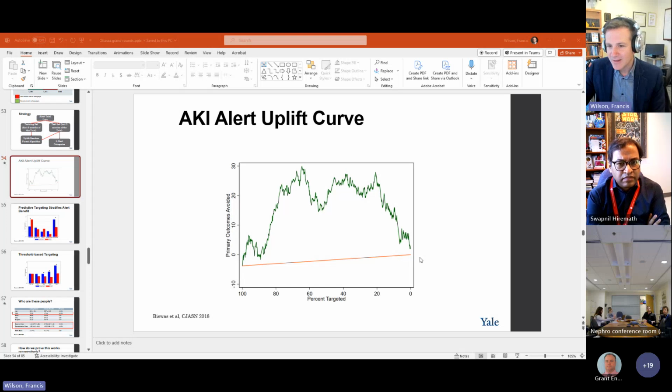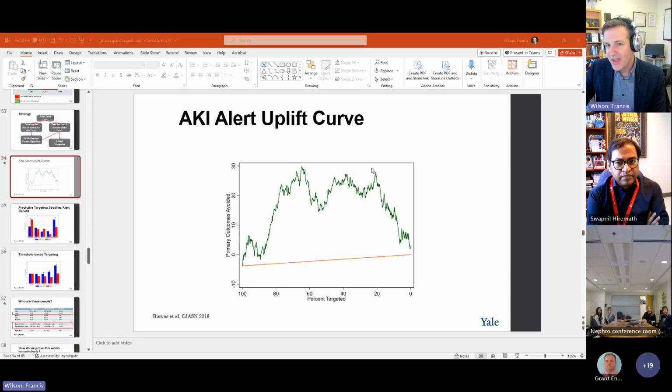And of course, if we don't target anyone, it's 0. So this end always ends at 0. Then we say, if we narrow our target to ever smaller proportions, how many actual progressions of AKI do we avoid? And it generates this curve.